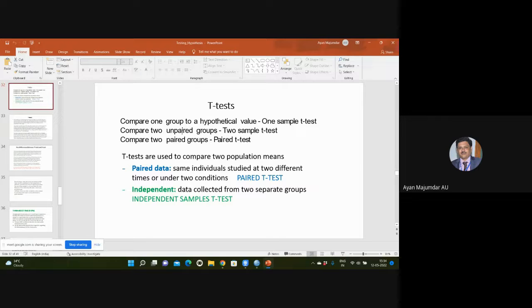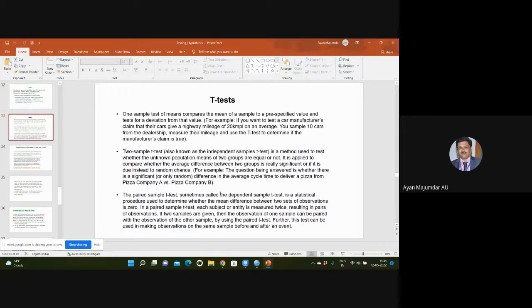A two sample test may be of an unpaired group or a paired group. Unpaired or independent group means the data is collected from two separate groups. For example, a man is placing orders for pizza from two different companies.